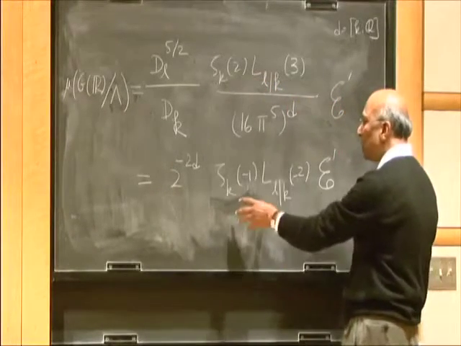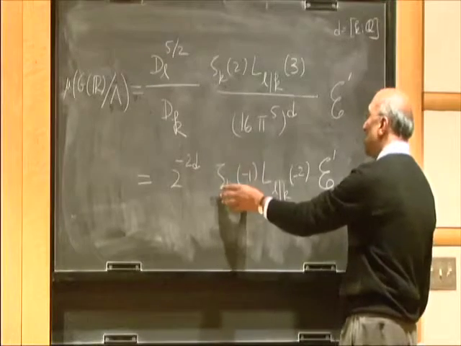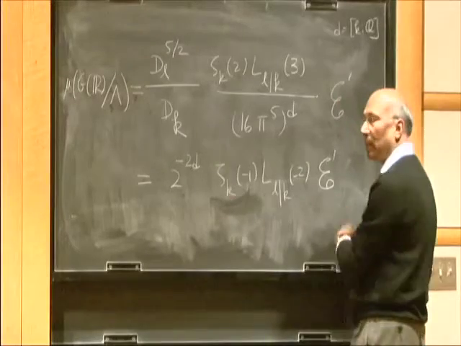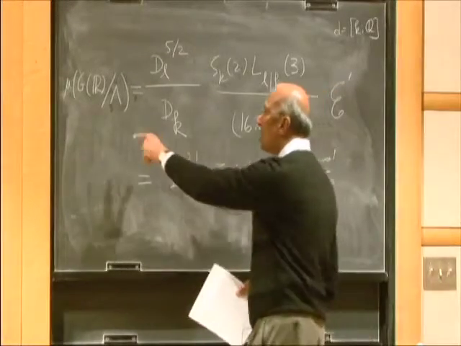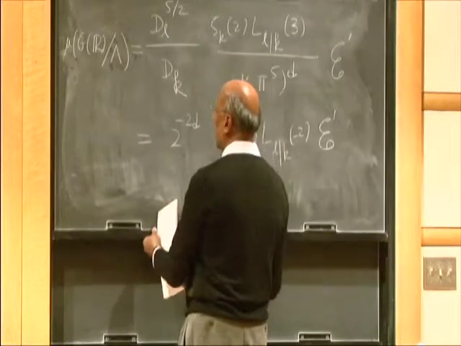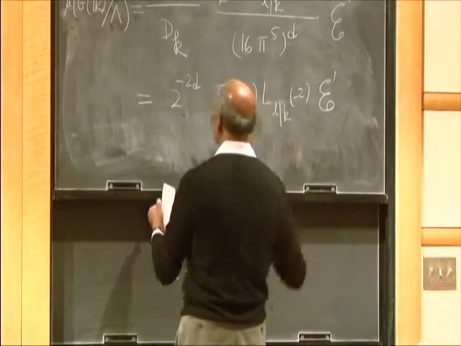Okay, now from Siegel and Klingen, you know that these are rational numbers. So the whole thing is a rational number. So the covolume of lambda is a rational number, and this rational number is precisely this.